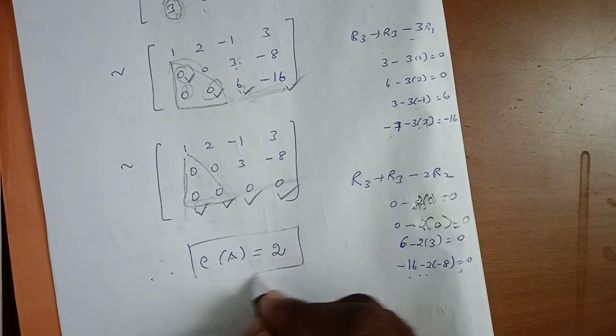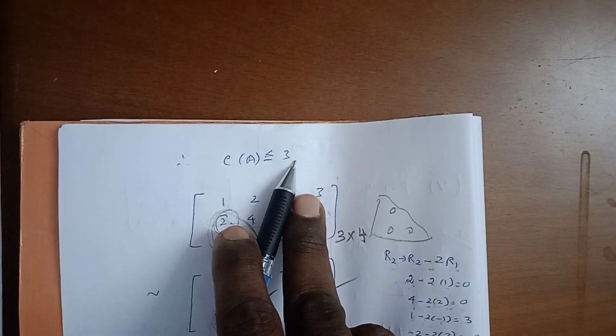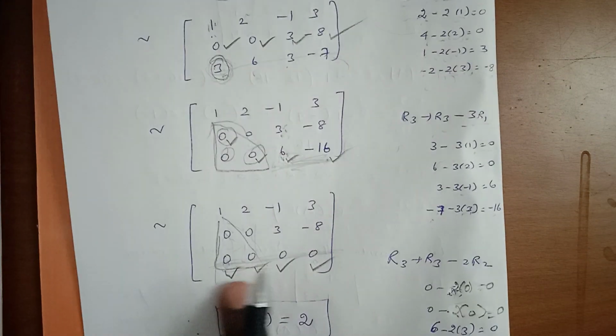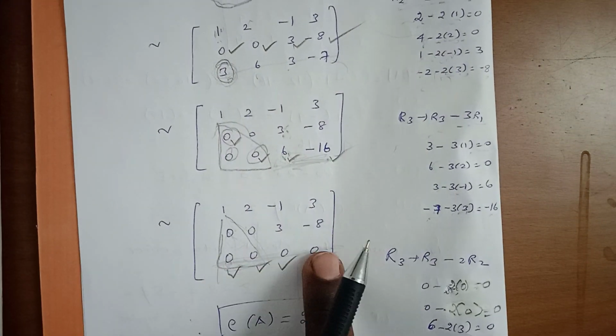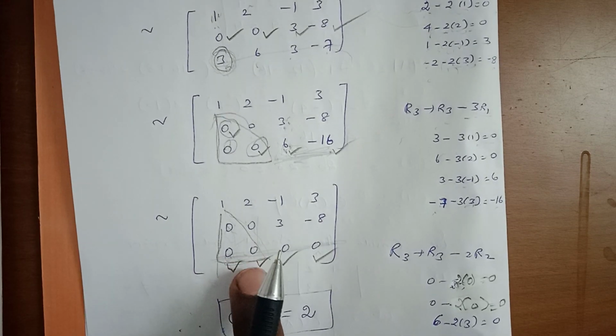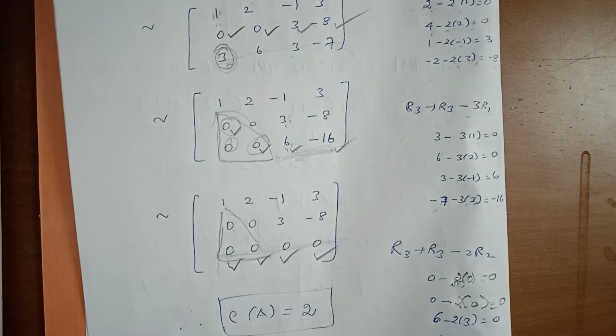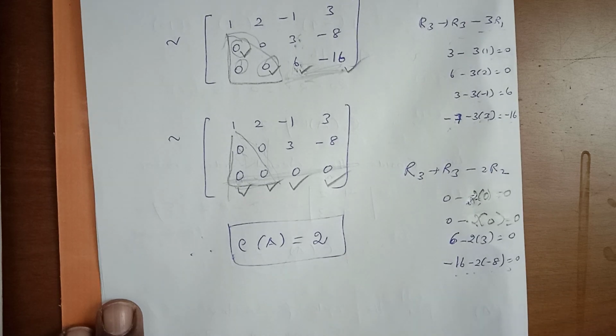This is the final answer. Why? Because the rank of A is less than or equal to 3. Suppose no row is equal to 0, then the rank value is 3. So in this problem, one row is completely 0, so the rank value is 2. Hence the problem.